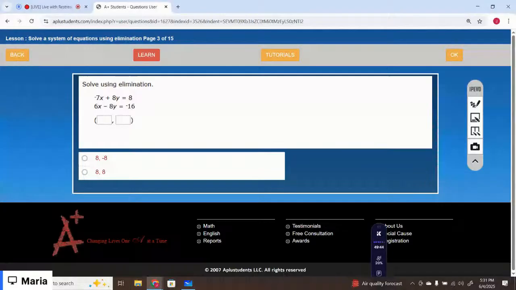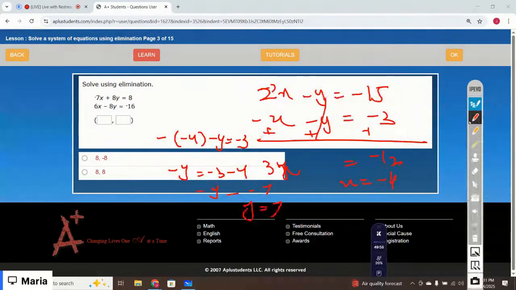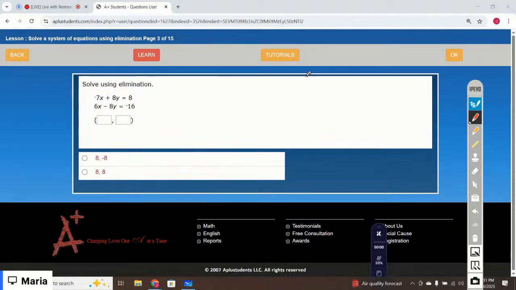Negative 7x plus 8y equals 8. 6x minus 8y equals negative 16. Just add the two equations. And that is negative 7x plus 6x is negative x, and 8y minus 8y cancels out.